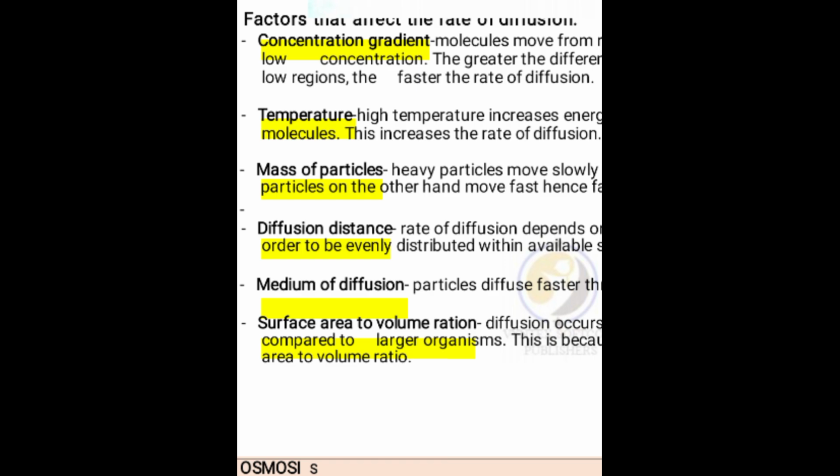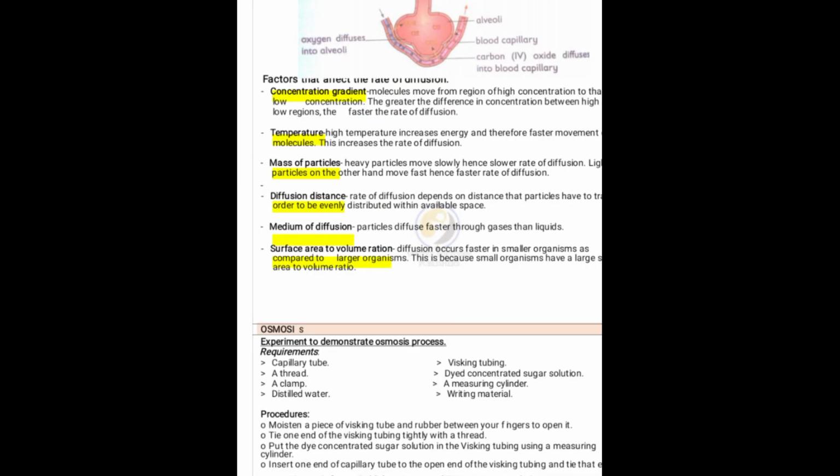In plants, diffusion also plays a major role in gaseous exchange. Plants take in carbon dioxide and give out oxygen in the presence of sunlight. And we know that this takes place during photosynthesis, which is a process by which plants make their own food. This takes place through the stomata. Stomata is plural; stoma is the singular.